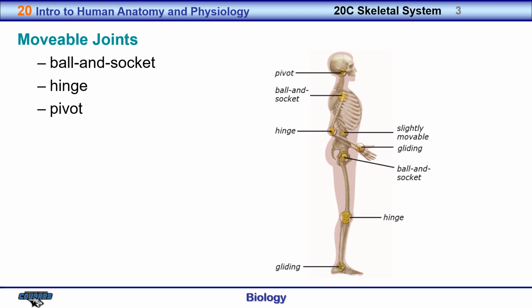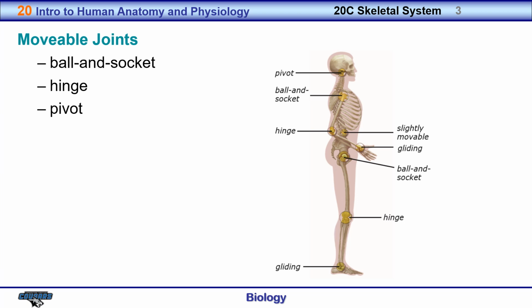They allow rotating and swiveling, and this would be the bones at the top of your cervical vertebrae in your neck, where the skull fits on top of it. It allows your skull to pivot on the end of it, so you can look from side to side and look up and look down.